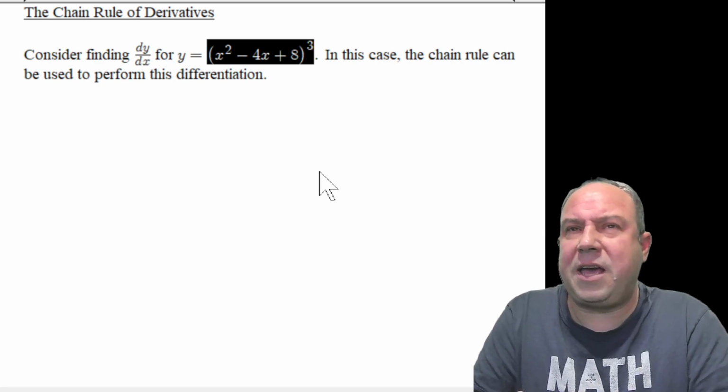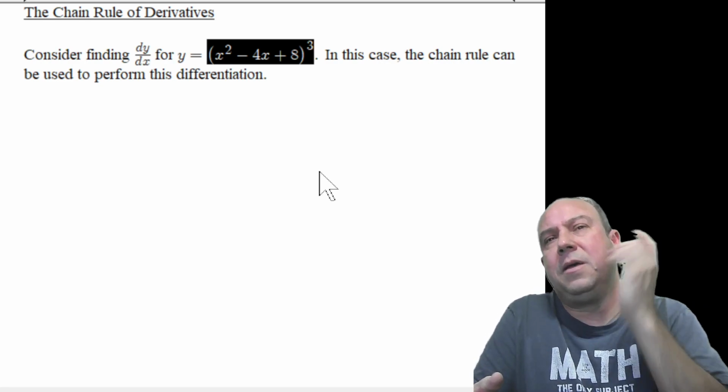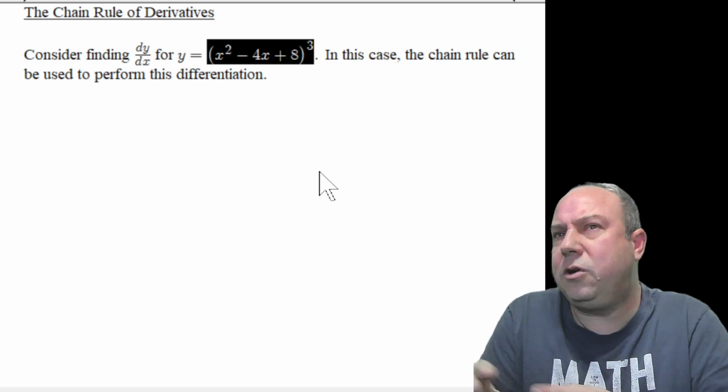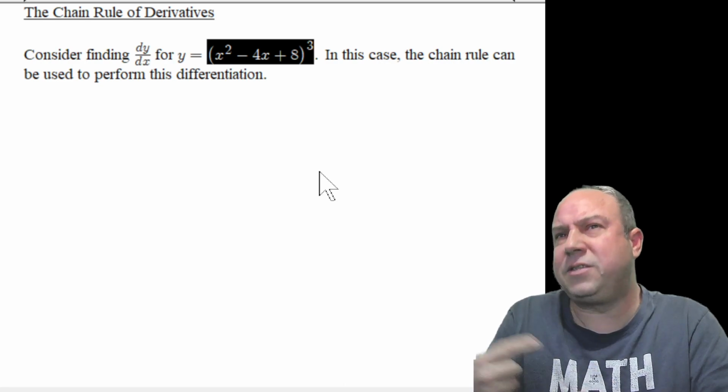And we could then evaluate the derivative for that sixth degree polynomial. But that expansion could take a few moments, and we could arrive at a solution much quicker than putting ourselves through that expansion.